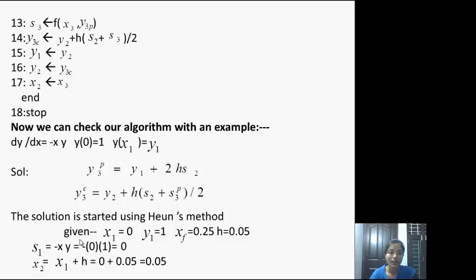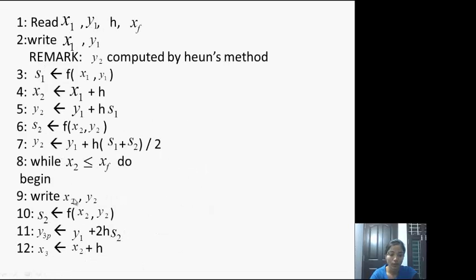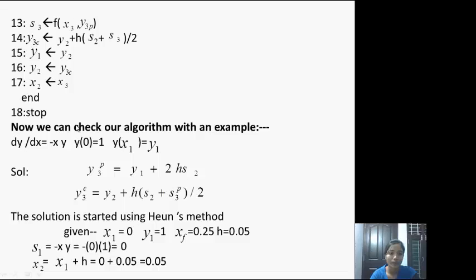In x3 we are going to put the predicted value of y3 by this formula. This is the predicted value formula.